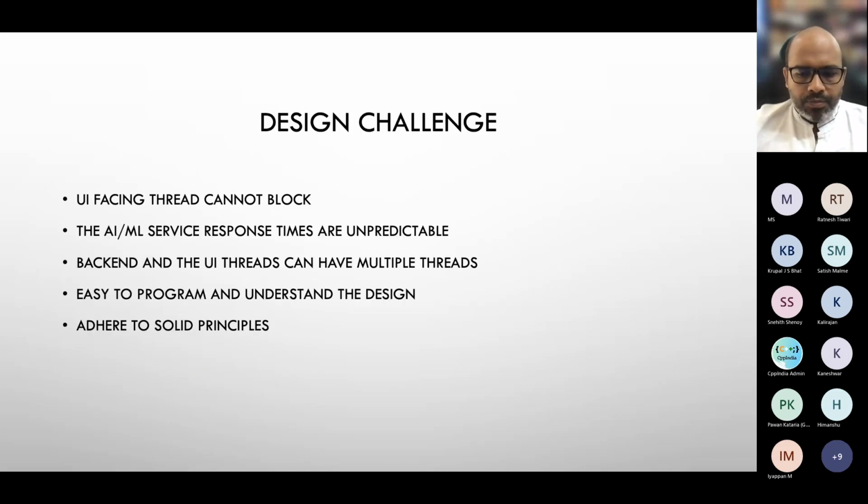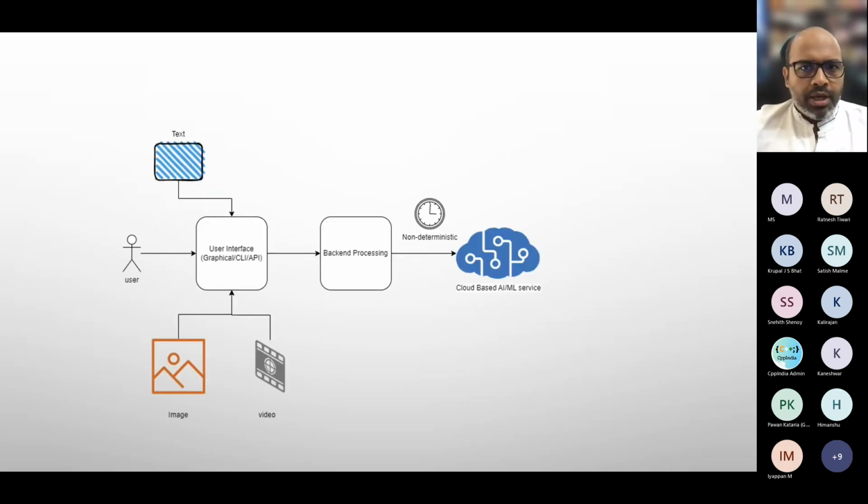So we have a user. What the system does is basically it has some kind of a user interface. It could be a graphical user interface, it could be a CLI, it could be an API, some kind of user interface using which the user interacts with the system. And this system does many things.